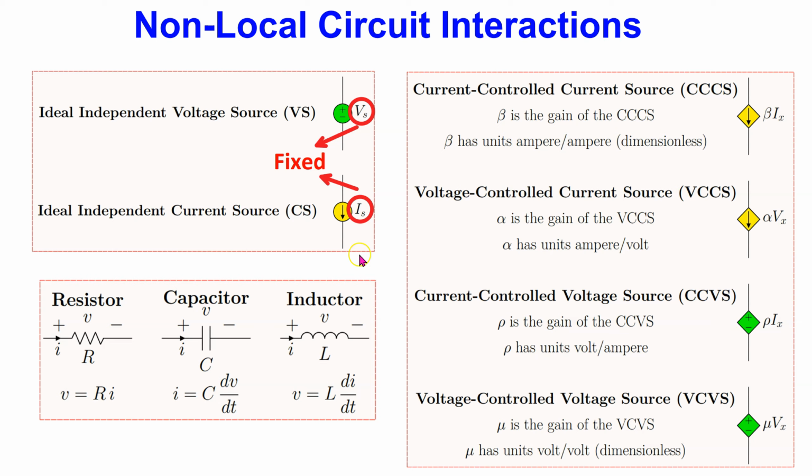In ideal independent sources, the established voltage or current is fixed and does not depend on the circuit to which the independent source is connected. In the three passive circuit elements, the voltage-current relationships are all local. That is, the branch current flowing locally through the circuit element is related to the voltage drop across the same circuit element. Please pause the video now if you wish to consider this in more detail.